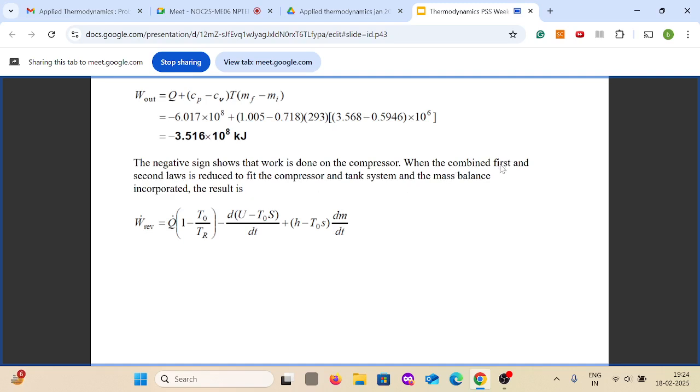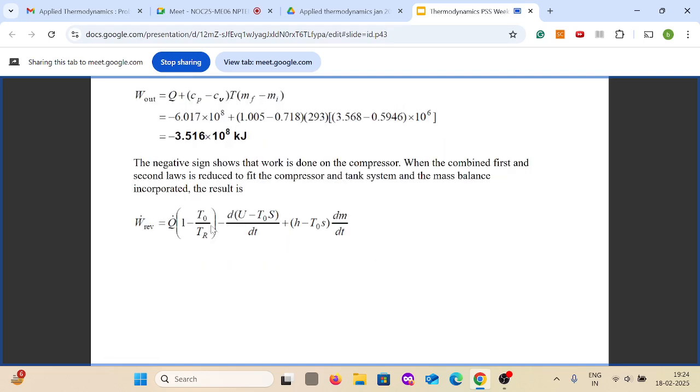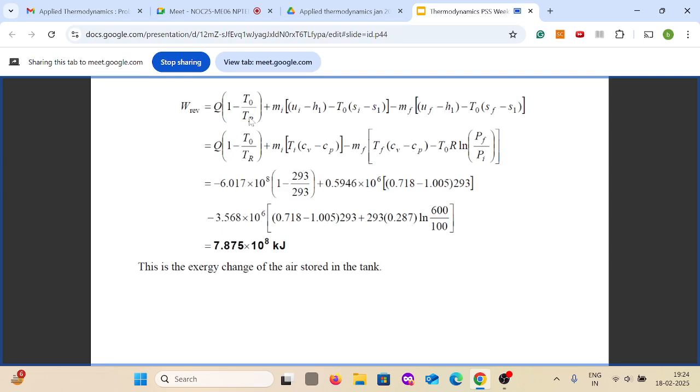So when the combined first and second law is reduced to fit the compressor and tank system, when you do an exergy balance, basically you get W reversible is Q(1 minus T naught by TR) minus d(U minus T naught S)/dt plus (H minus T naught S) dm/dt. So this is just combining the first law, the energy balance and the entropy balance. So substituting the values, the first term will become 0 because it is happening at the ambient.